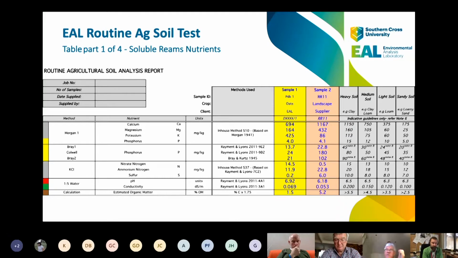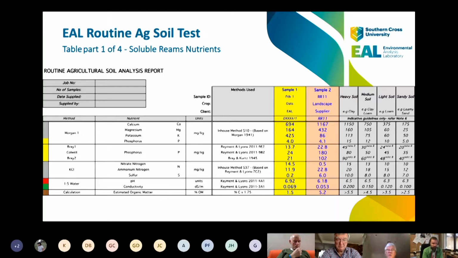Then there was one at 3, one at 5, and Graham, who just spoke, had the highest at 6, which was really a bit of a standout. I'm not sure, Graham, exactly what part of your farm Tom did that sampling, but that was remarkably high from my observation. Well, that's excellent.